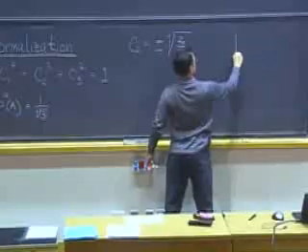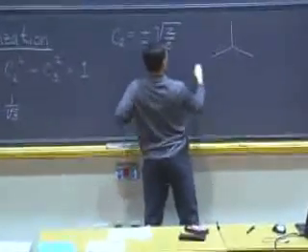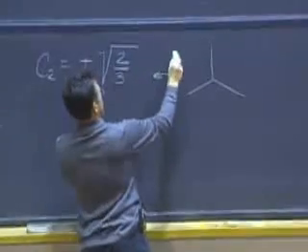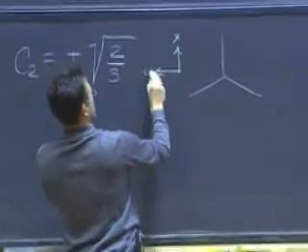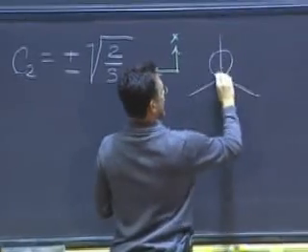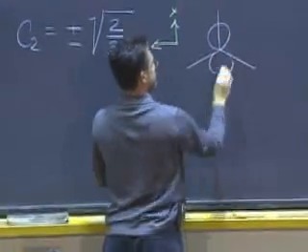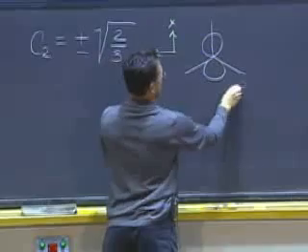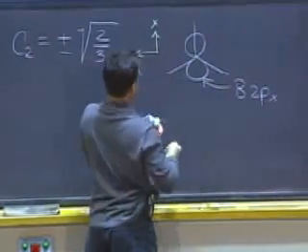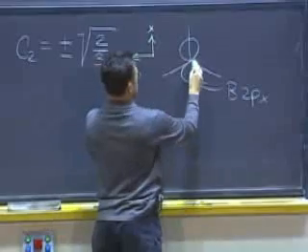So let's reference our diagram in our coordinate system. We have our x-axis and our y-axis. And we're looking for the sign of the coefficient on the boron 2px orbital. That's our C2 coefficient.